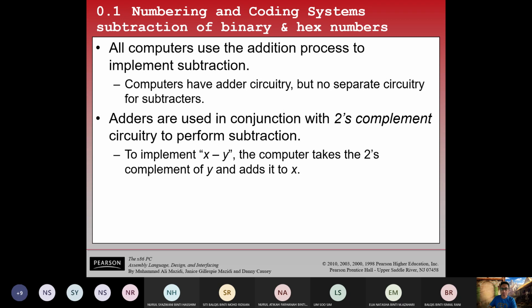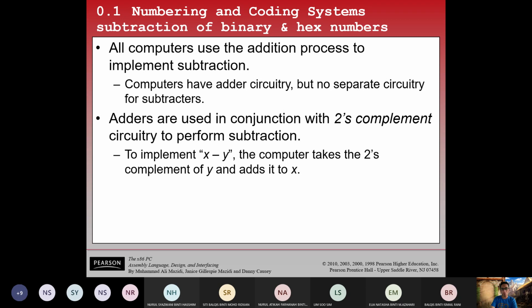But whenever it involves subtraction, it becomes a problem, because the computer doesn't know how to perform the subtraction. So the way the computer can perform the subtraction is also by doing the addition, but the way we do that is by working on the 2's complement.